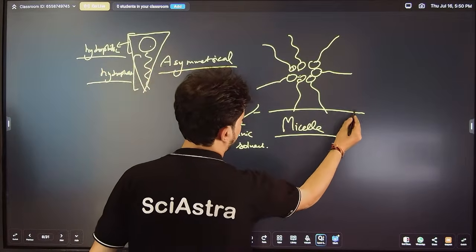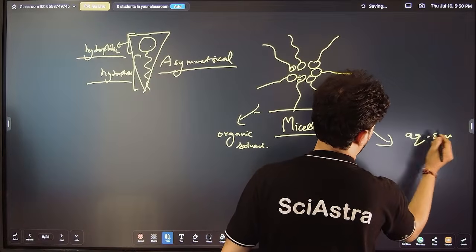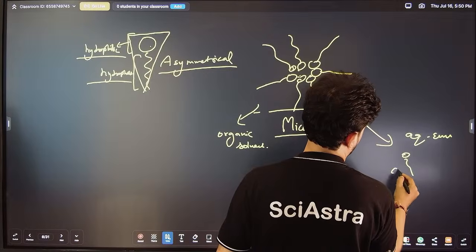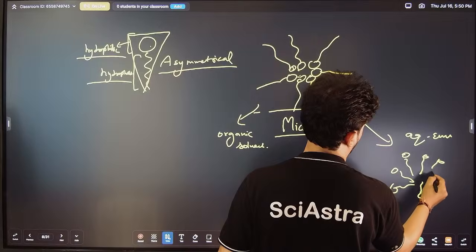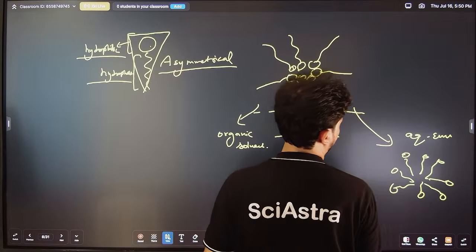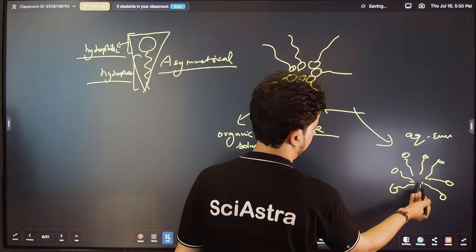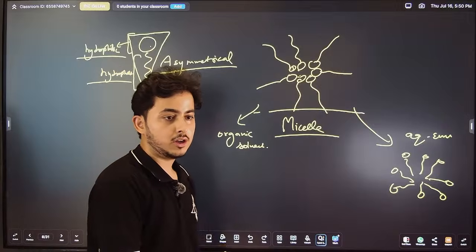But if you are putting it in some aqueous environment, then this is the case. Now the hydrophilic part will be outwards, this is the water, and the hydrophobic part will be inside the core, right.